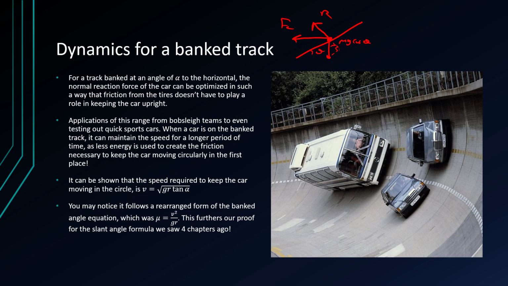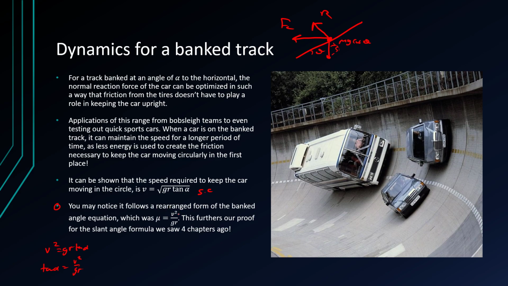But anyway, it can be shown that the speed required to keep the car moving in the circle, in the special case, is root g r tan theta, or tan alpha. Now, this point here might not make a lot of sense, but essentially if we write this equation in terms of tan alpha, v squared is g r tan alpha, so tan alpha is v squared over g r.